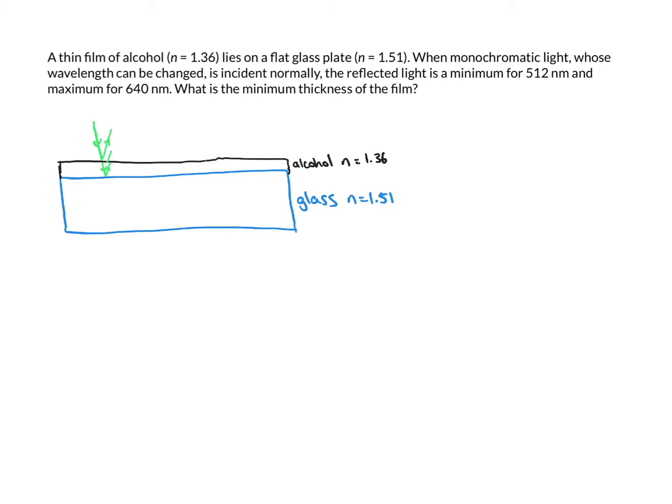So this little picture we have in the notes here, those two beams, since it returns a minimum means minimum amplitude, so we're going to have destructive interference. So that was the 512 nanometer light.